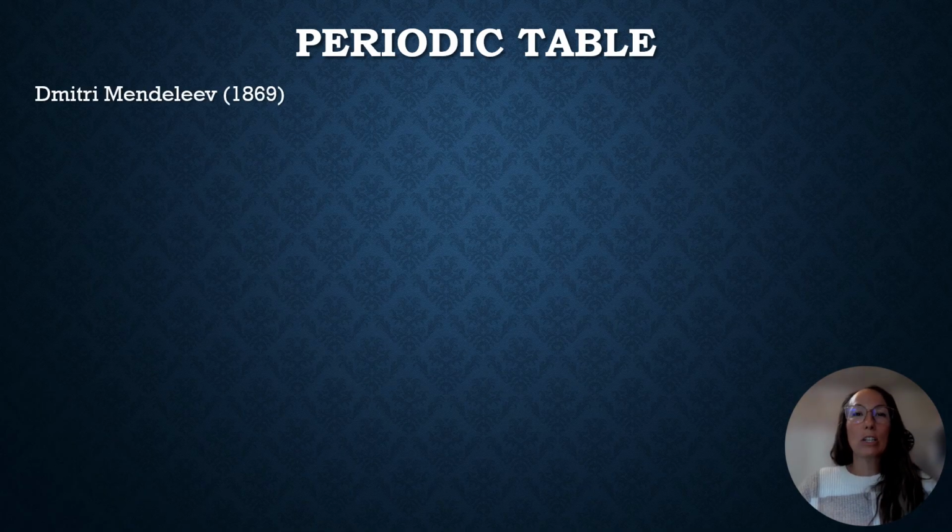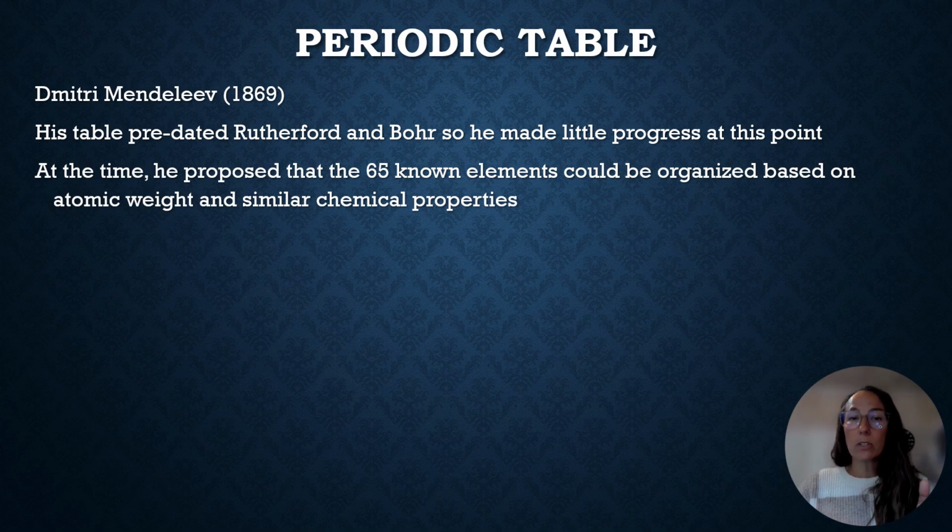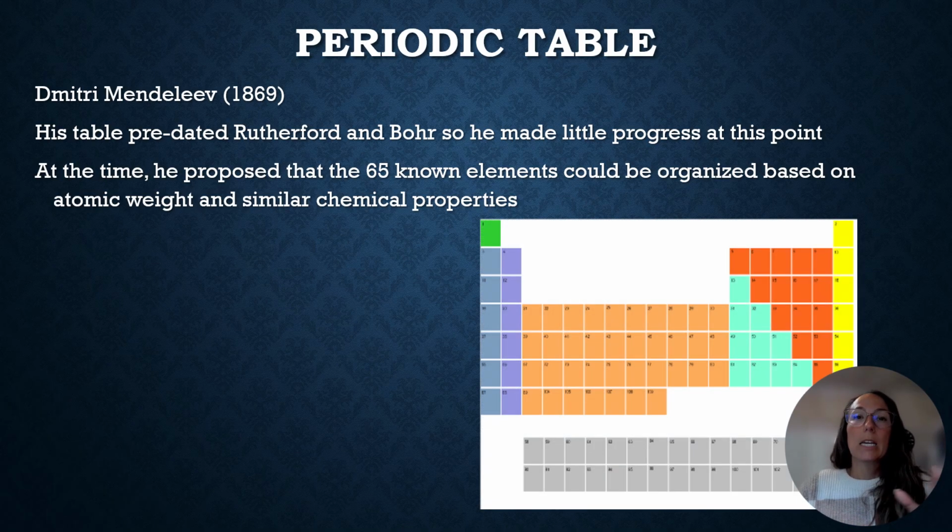Okay, so first of all, you should know the periodic table was founded by Dmitry Mendeleev, a Russian. His table predated a lot of what we know about atoms, so we didn't really know that they went in this order because of the number of protons, but that's what ended up happening.